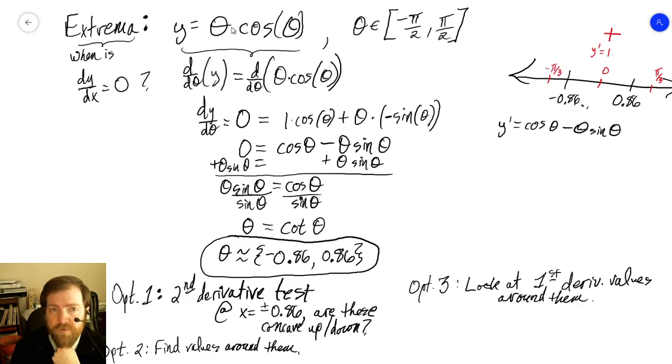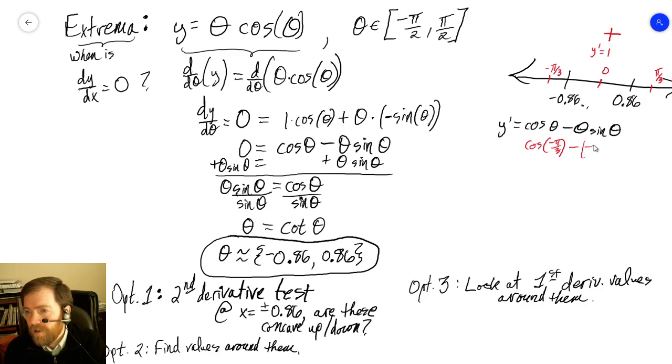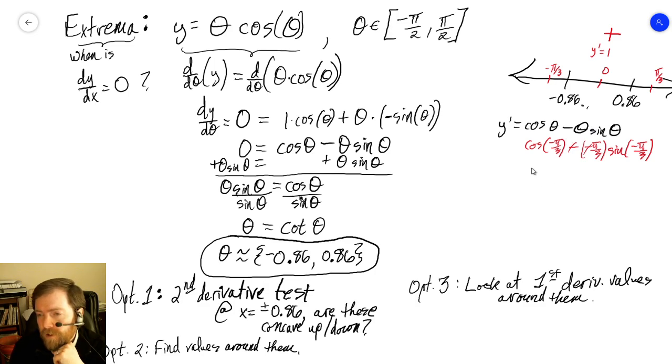Which means that our original function, theta cosine theta, is going up in this region. And in our negative pi over 3, let's see, cosine of negative pi over 3 is going to be the same as pi over 3, minus, negative pi over 3 times the sine of negative pi over 3. Sine is an odd function, so that's going to come out and make it negative.